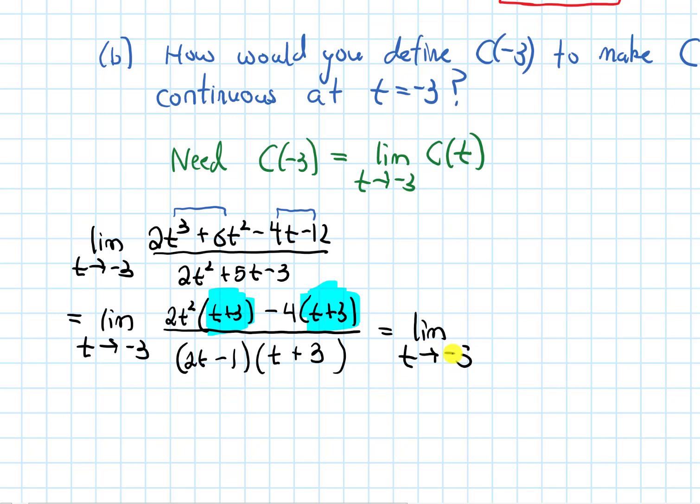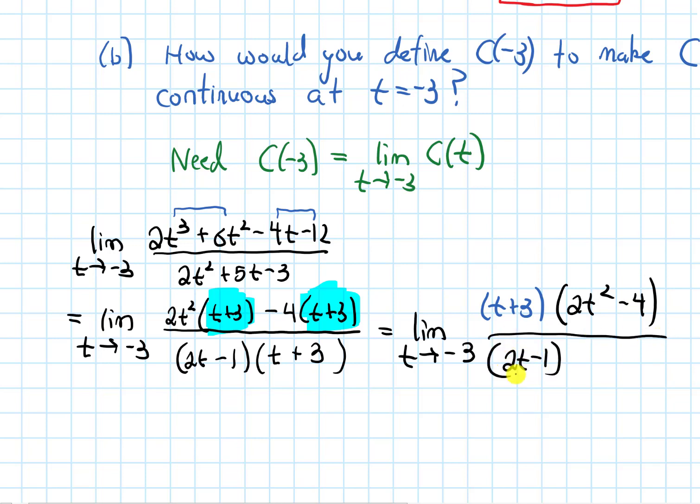As t approaches negative 3, let's factor out that t plus 3. From the first group, I'm left with 2t squared. From the second group, I'm left with a minus 4. And on the bottom, we have 2t minus 1 times t plus 3.